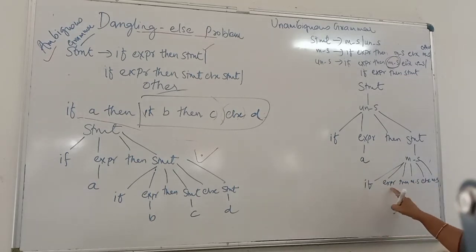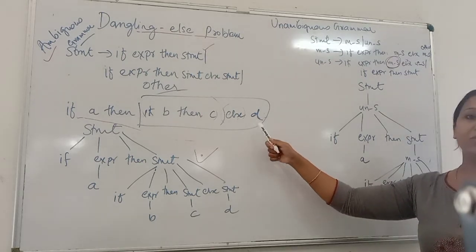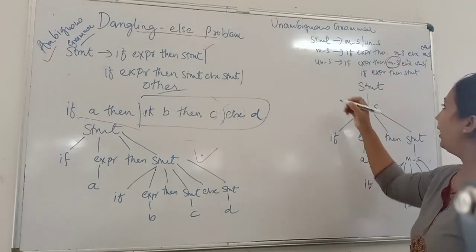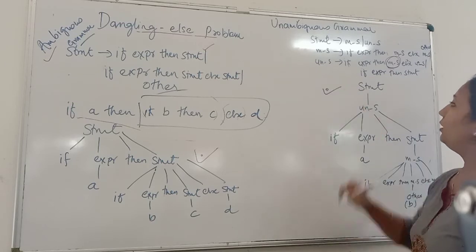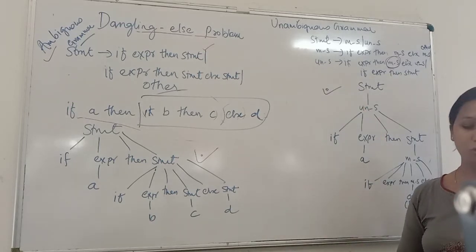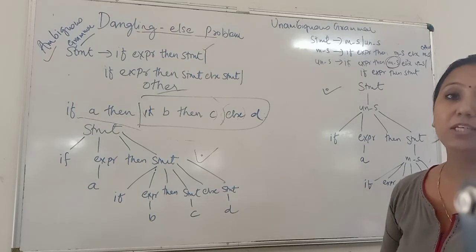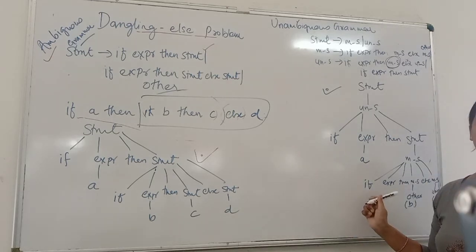If expression then again match statement, and from match statement we go to other, and from other we have derived b. And for else match statement we again go with other, that is b. So for the given statement we have got only one tree. There is no other tree possible to derive this statement.